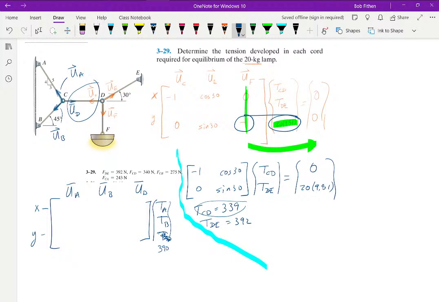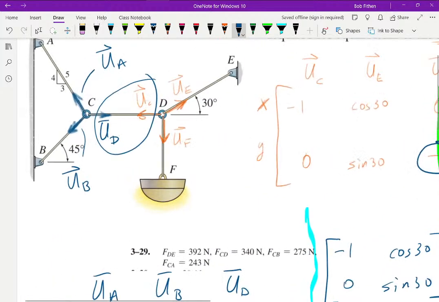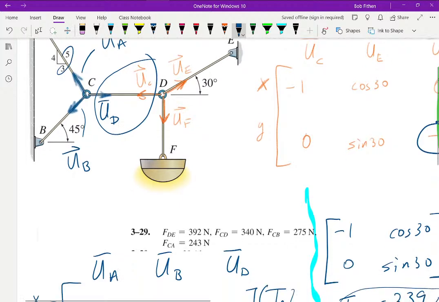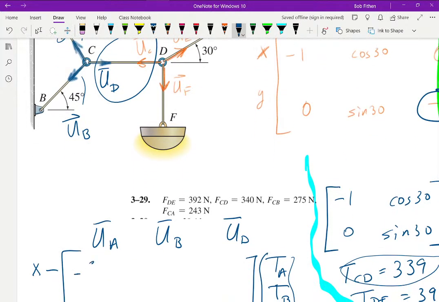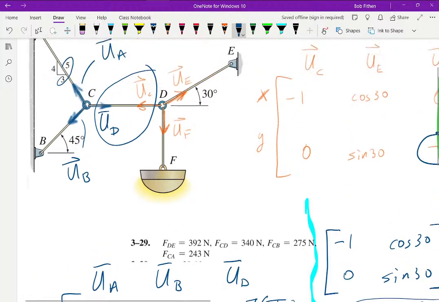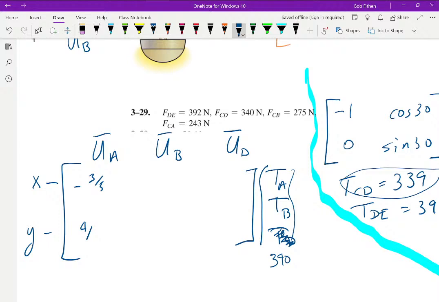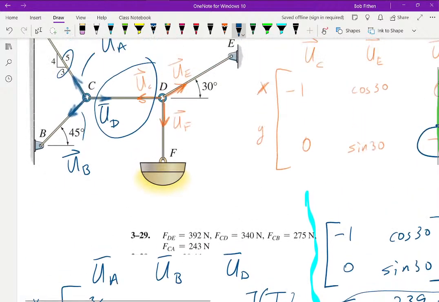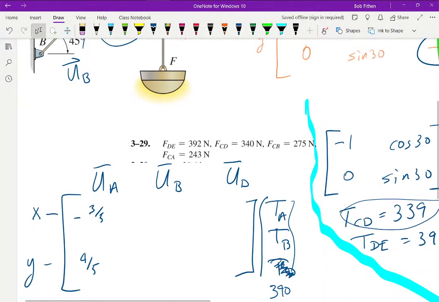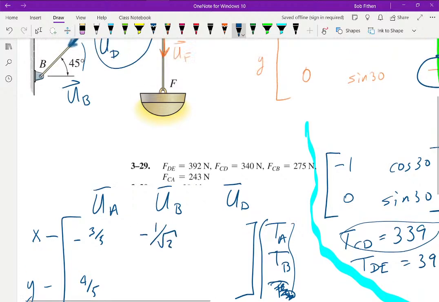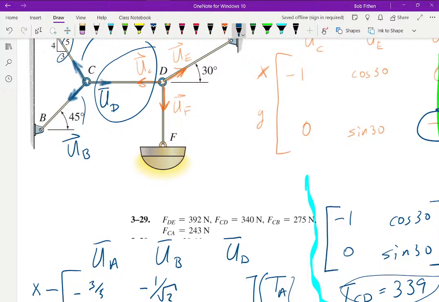Now what do I have? UA. Let's start looking at the UA vector. The x component is 3/5. The y component, going to the left, going up, is 4/5. The B going to the left, it's 45 degrees. Left, 1 over square root of 2, y 1 over square root of 2, because the vector goes like this.